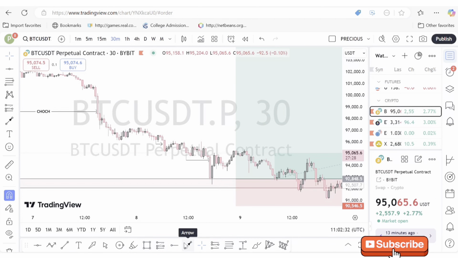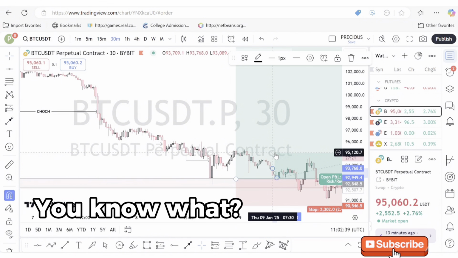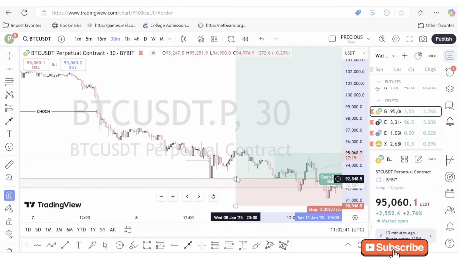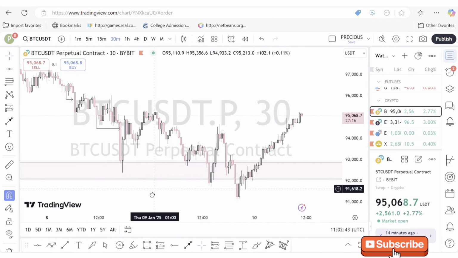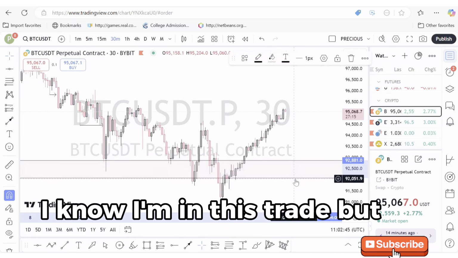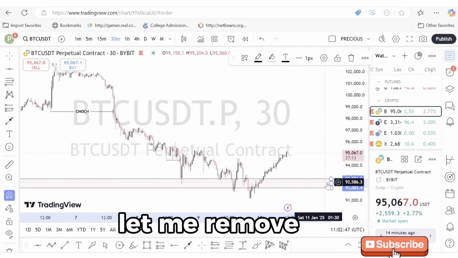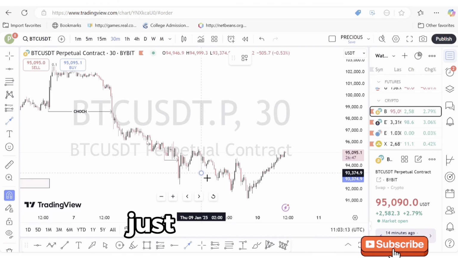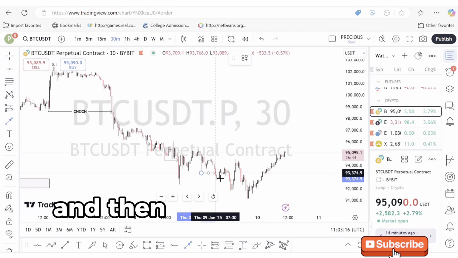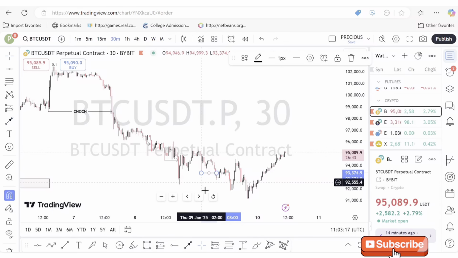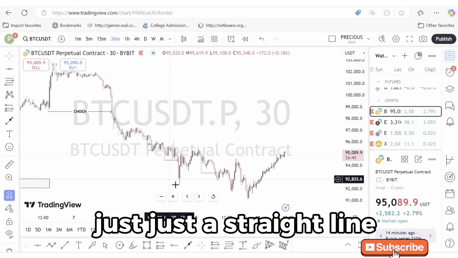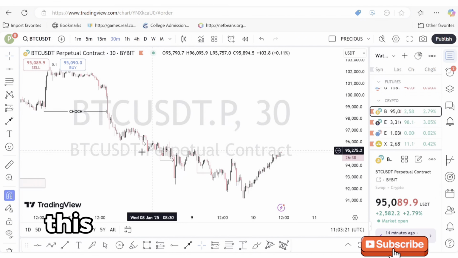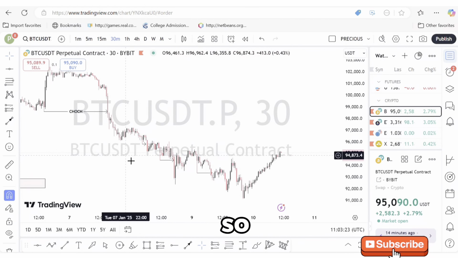Mark it out. You know what? Let me remove this. I know I'm in this trade, but for the sake of you guys, let me remove this. If you know you're not good with straight line, just hold your shift and then draw your break of structure. It's just a straight line. So yes, these are our break of structure to the downside.